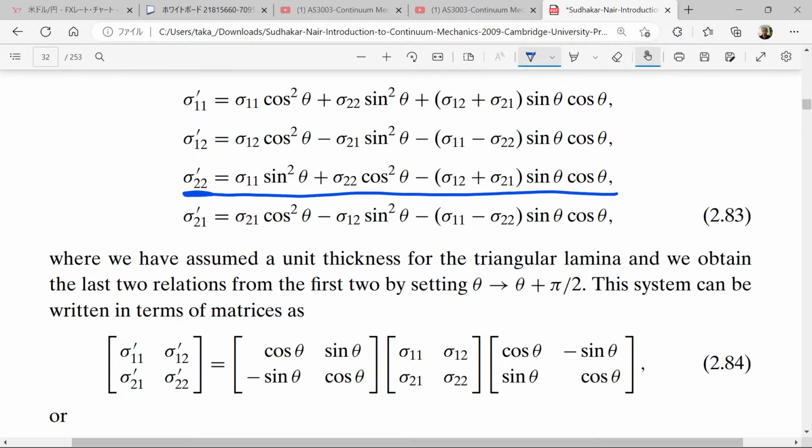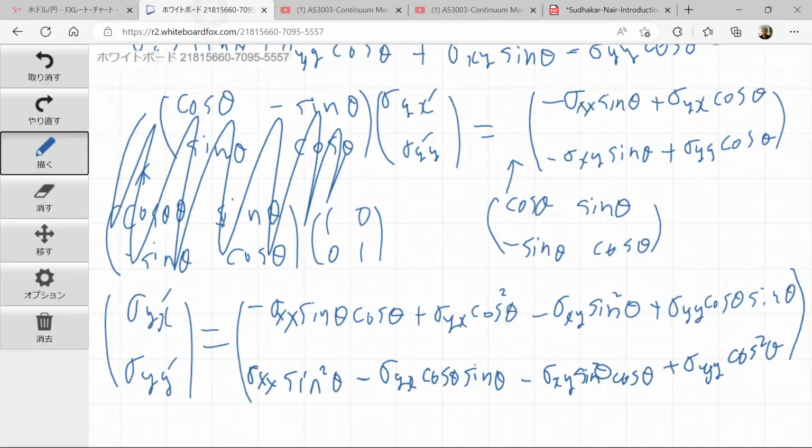Let's look at this: 2 is y. Y is this one. So the y part is sine square plus cosine square. Yeah?